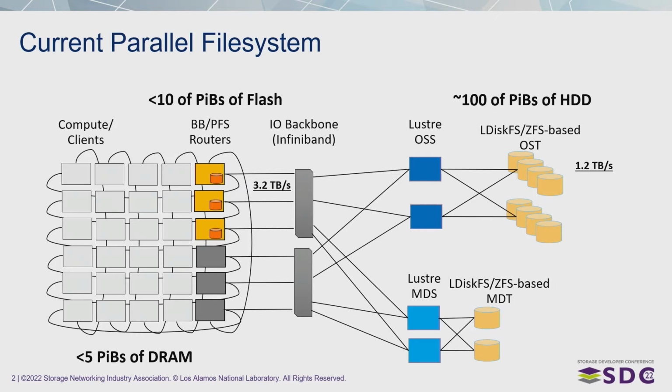So instead of writing to Lustre, they write to the burst buffers, as shown towards the middle left with the orange boxes. This burst buffer is effectively scratch space consisting of a handful of petabytes of flash, which are able to ingest the data at high enough rates so that I/O does not become a bottleneck.